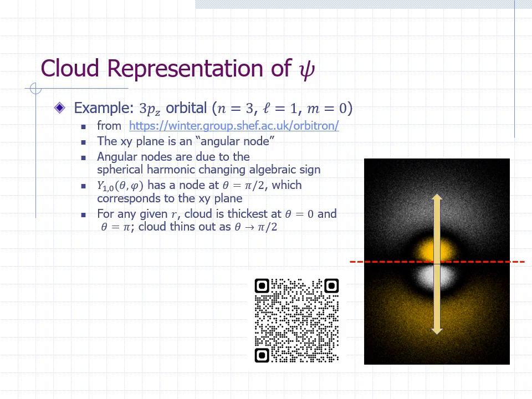For a given distance, the cloud thins out as we head towards the xy plane, where theta is equal to pi over 2. This directionality, or dependence on direction, of the probability density is due to the dependence of the spherical harmonic on theta and phi, and is observed for non-s orbitals.